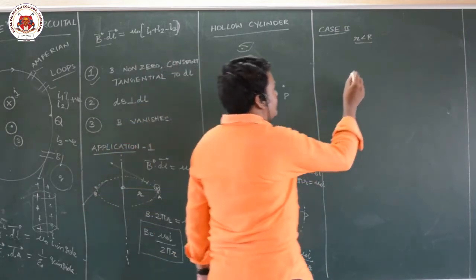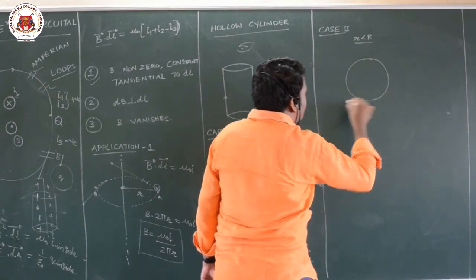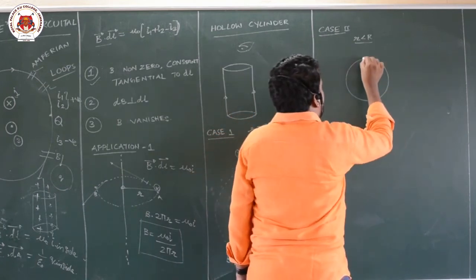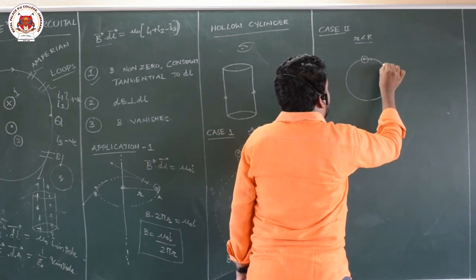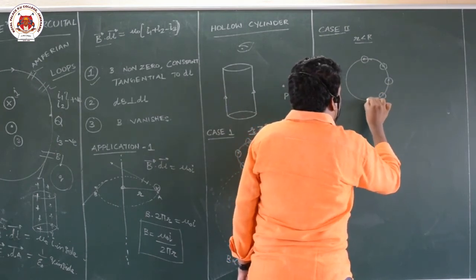Now let us go to the top view again. This is the top view of your cylinder. This is the current direction.